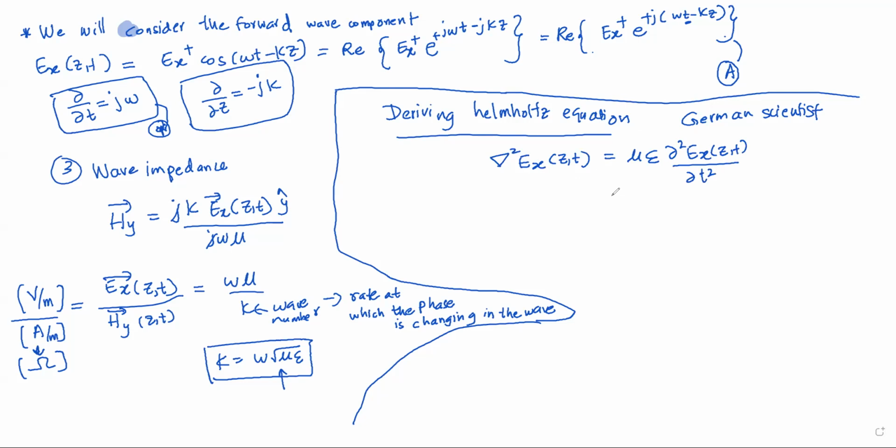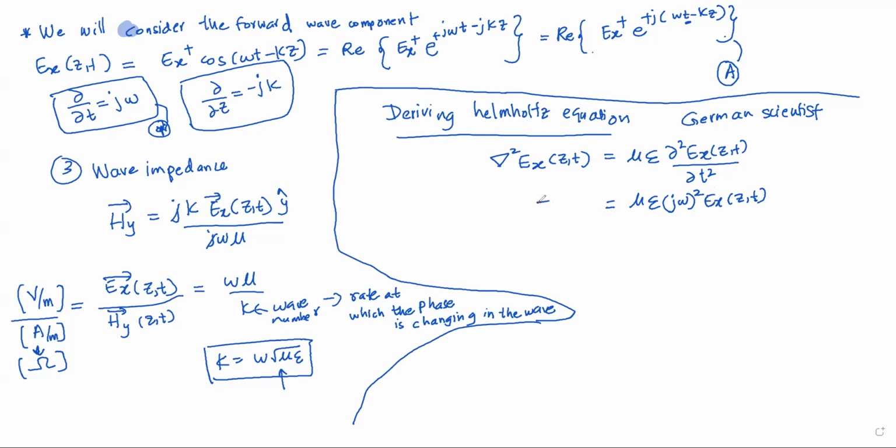We have the result of ∂/∂t as jω, so we use that to simplify this equation by substituting jω in place of ∂/∂t. Since this is the second derivative, we are going to take the second power of jω, and then multiply with this component.